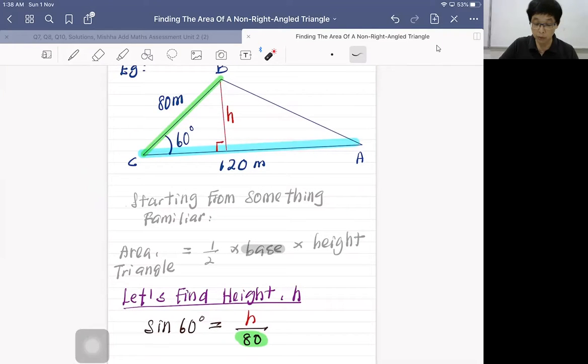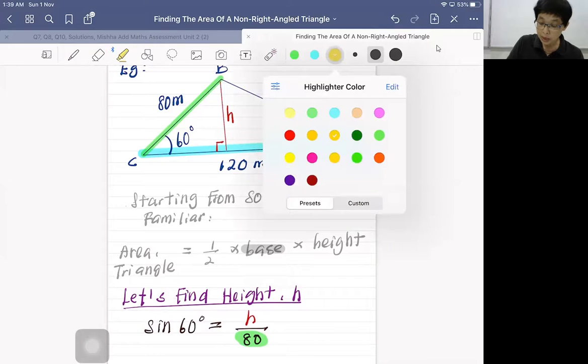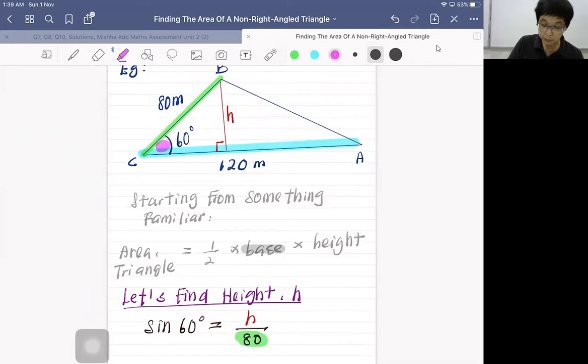From the diagram, we know the height is the one we are interested in, because we need to use it in the formula, half times base times height. Going back to SOHCAHTOA, with reference to angle 60, the height is the opposite, and the BC side is the hypotenuse.